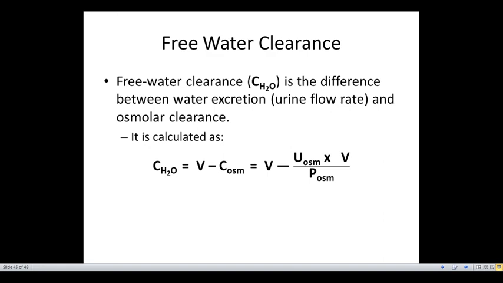So, free water clearance, denoted as CH2O, is the difference between water excretion, that is the urine flow rate, and osmolar clearance. So it is calculated as CH2O is equal to V minus COSM, where putting the value of COSM, we get V minus UOSM times V divided by POSM.